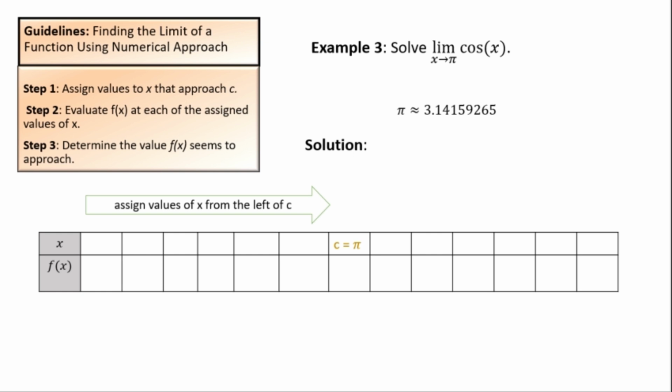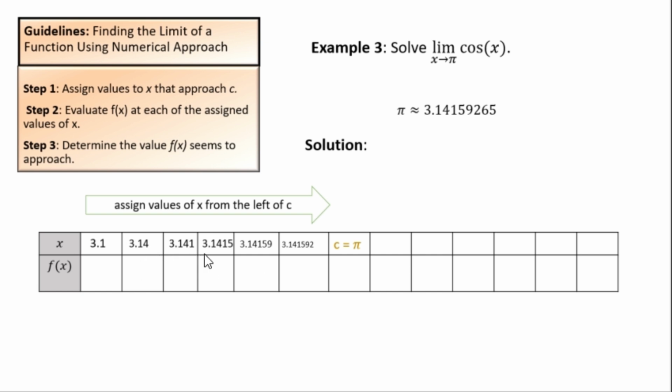We have 3.14159265. So for values of x that approach c from the left, we can assign 3.1, 3.14, 3.141, 3.1415, and so on.